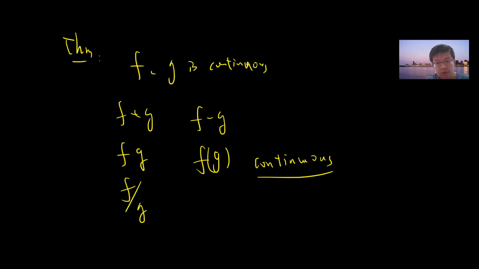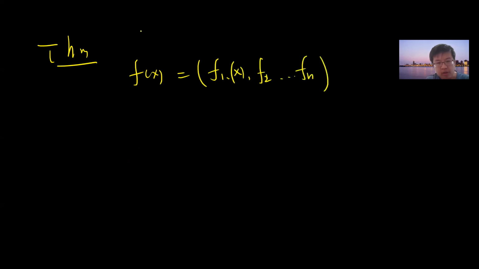This theorem says that suppose you have a function f of x, which is a composite of f1, f2, up to fn, where each fi maps X to R. So this large f maps X to R^k, with coordinates f1, f2, up to fn.